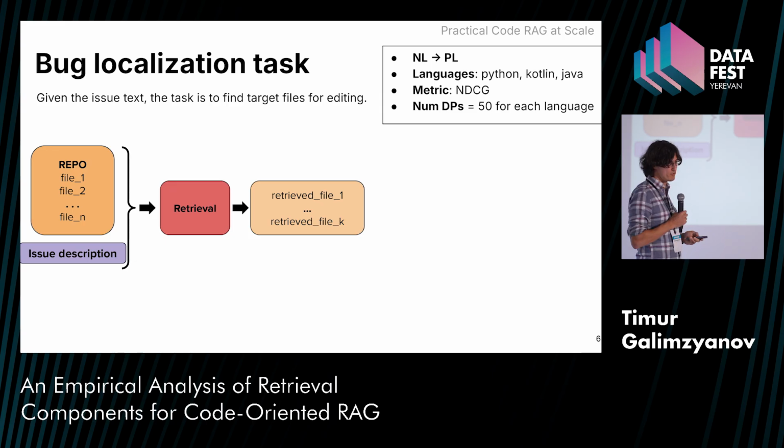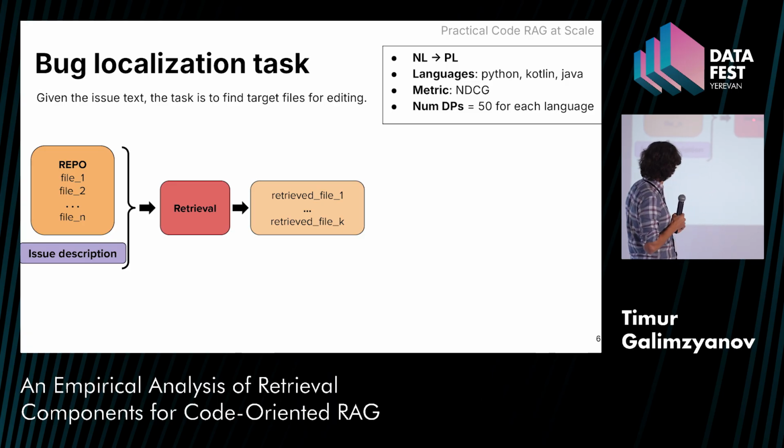Then you generate the line and check whether this line matches the ground truth. In bug localization, the formulation of the task is much simpler. You have a repository with multiple files. You have an issue description in natural language, but it can contain some code.